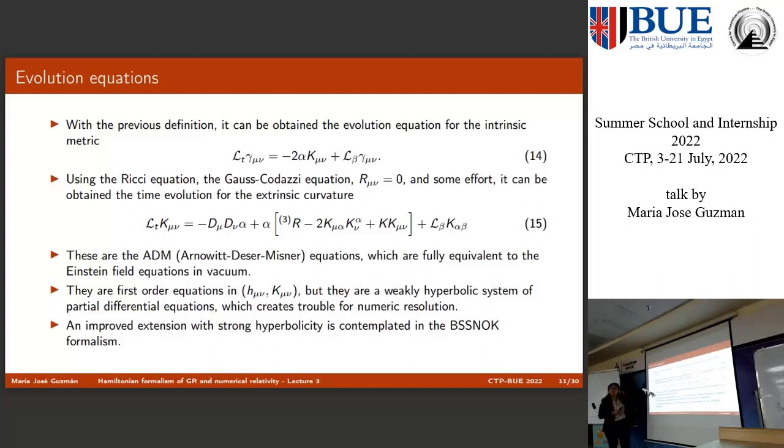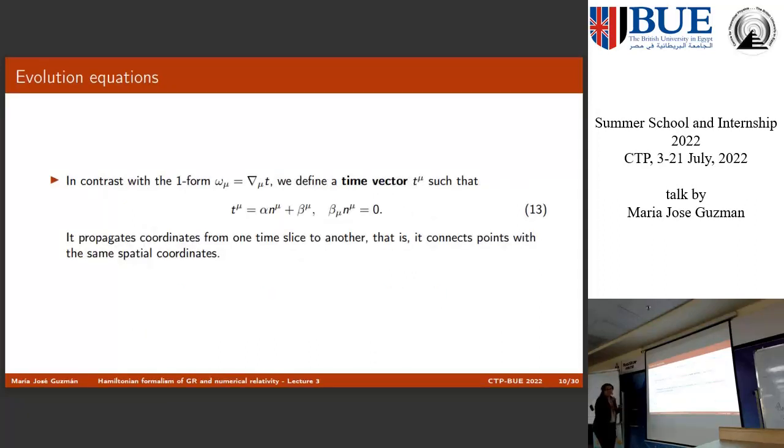So finally, after doing all the mathematics, basically the Lie derivative of n is equal to the Lie derivative of alpha t plus the Lie derivative of beta. There is a minus sign.